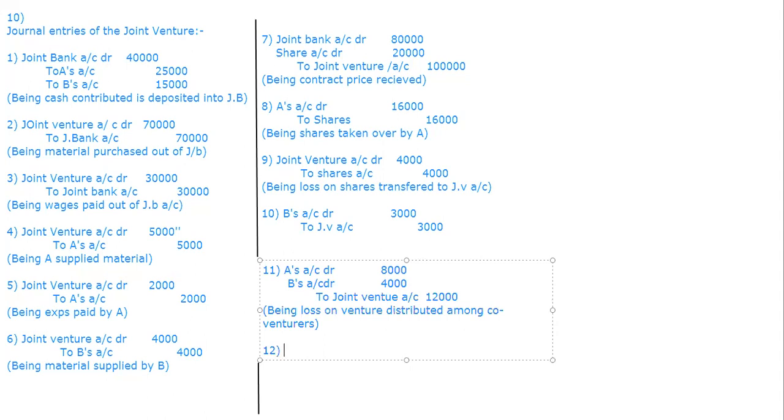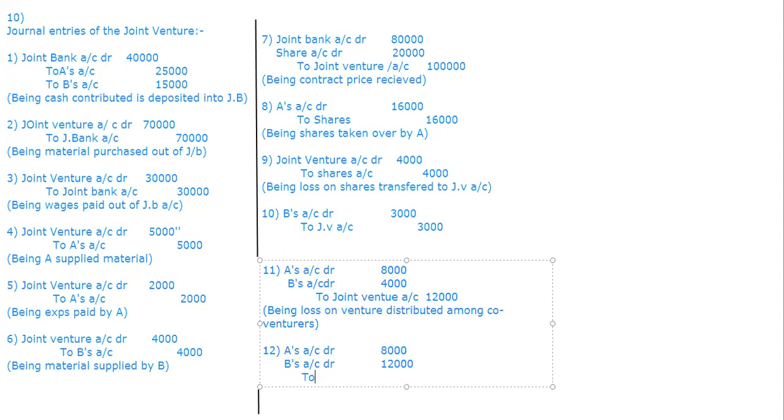Then the balance due amount. So balance he was getting 8,000. Then B was being paid with 12,000.